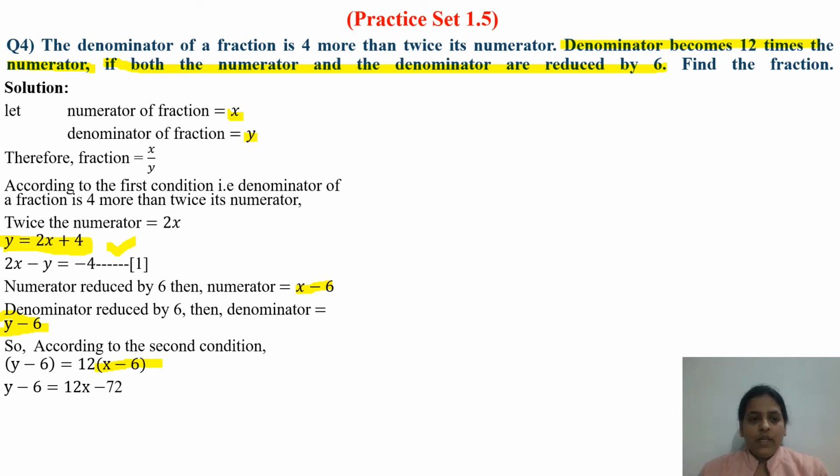Next, separate the variable terms on one side and the constant terms on the other side. That is, y is equal to 12x minus 72 plus 6, then 12x minus y is equal to 66. So this is your second equation.